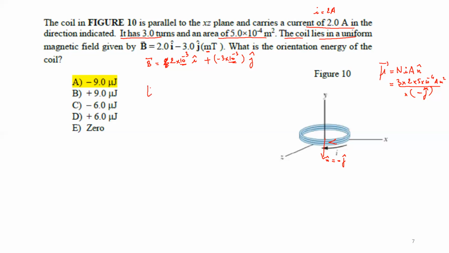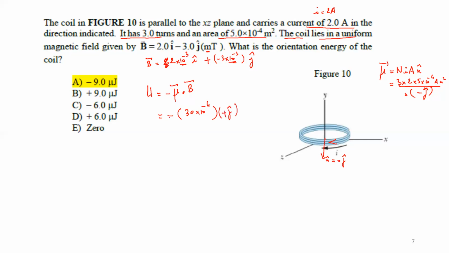You know that the orientation energy is the potential energy of the magnetic dipole moment. So it's just minus mu dot B. It's a dot product, okay? So I can calculate this: minus 30 10 to the power minus 4, it's minus j hat.